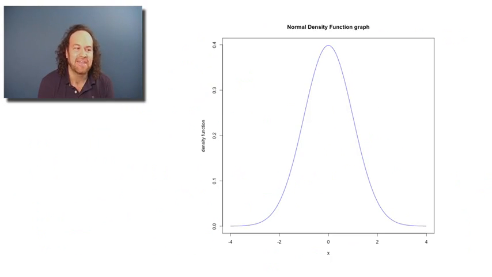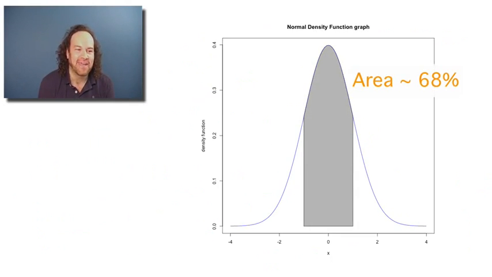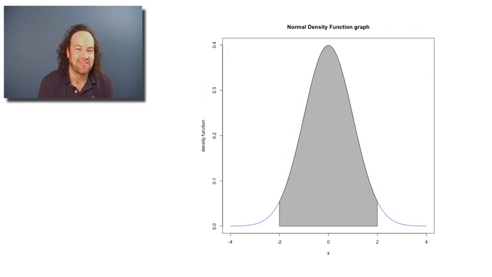So if we go back to that graph of a normal distribution, then we can ask what fraction of the area underneath the curve is within one standard deviation, and sure enough, that area is about equal to 68%. If we look at the area within 2 standard deviations of the mean, sure enough, it's about 95%.